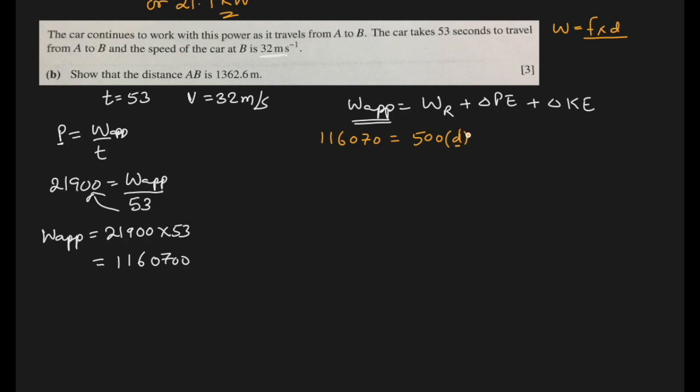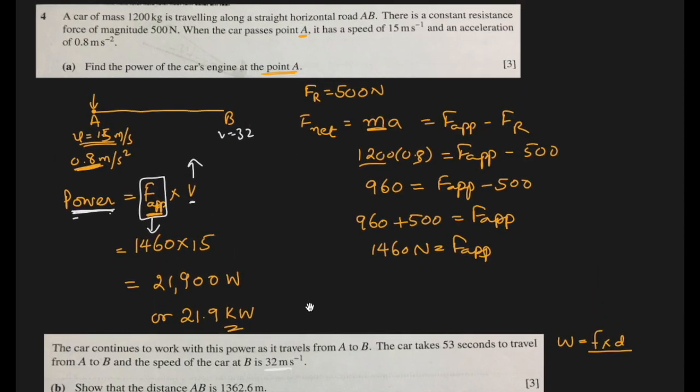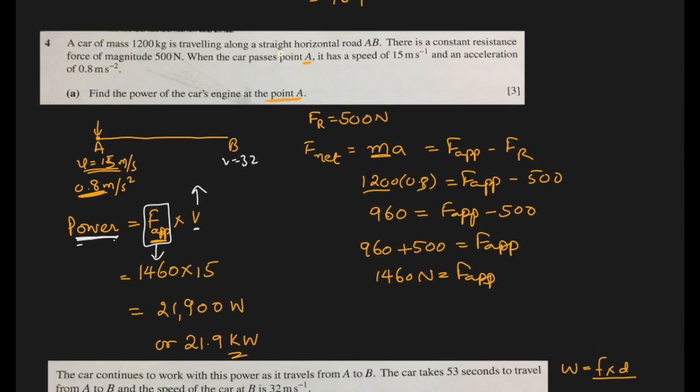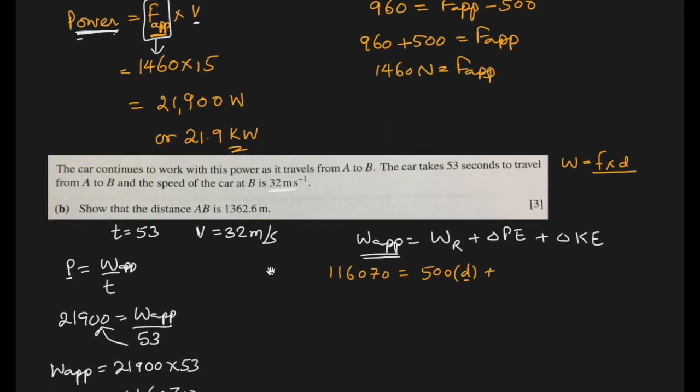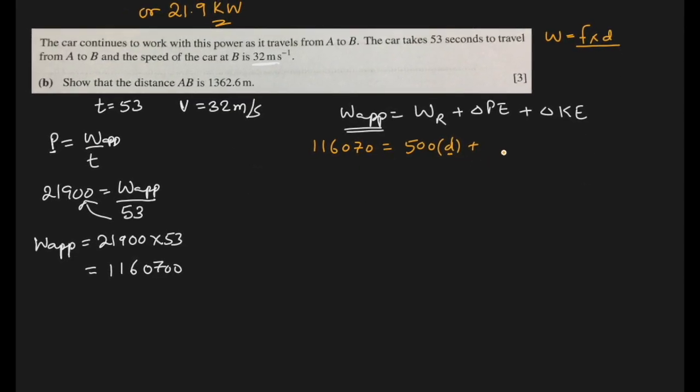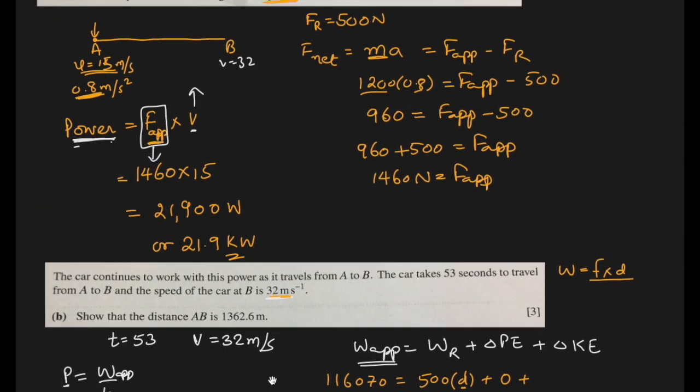So this distance they're asking us to show is this. Again, it's a horizontal road. Let me see again and show it to you. Straight horizontal road AB. That means the height is not changing again in this question as well. So it will be 0. But speed changed to 32 meters per second from 15 meters per second.